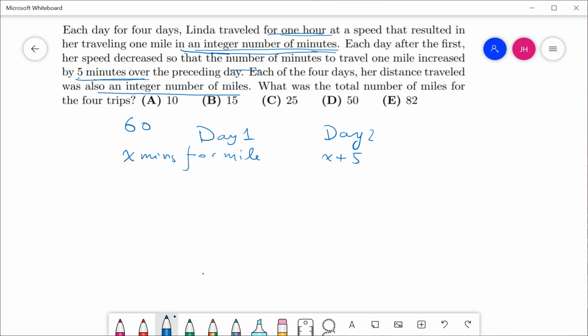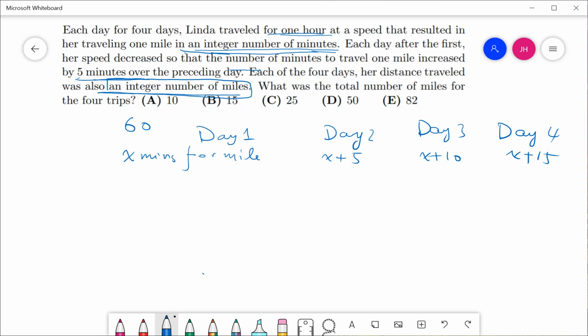Because she gets slower and slower. And day 3 will be X plus 10. Each day is 5 more minutes per mile. And day 4, that'll be X plus 15. Good. And don't forget, she has to travel an integer number of miles each day. So 60 has to be a multiple of this X.